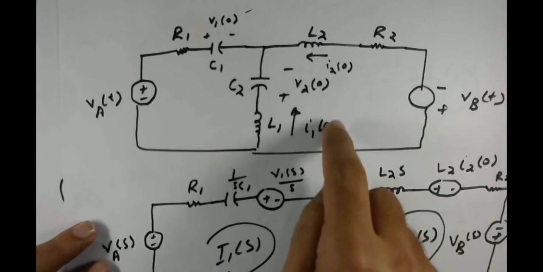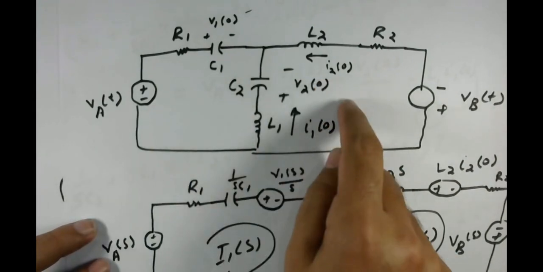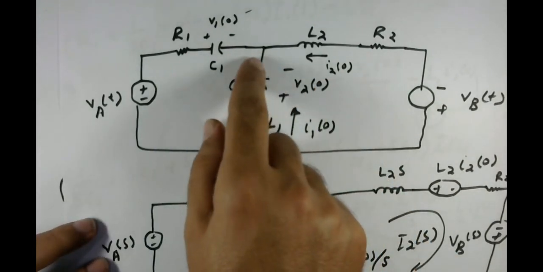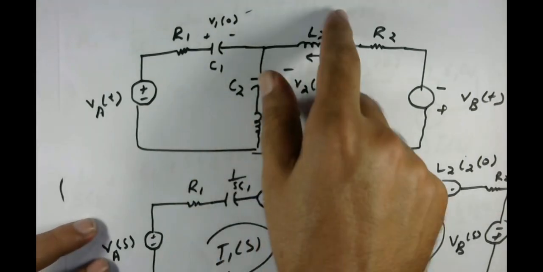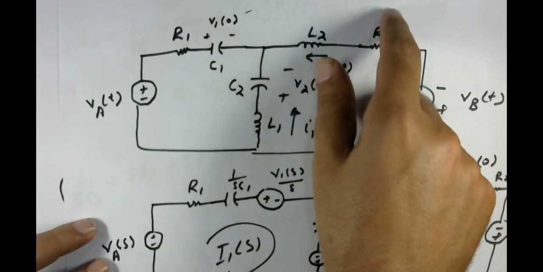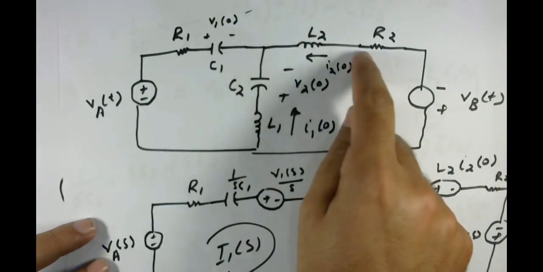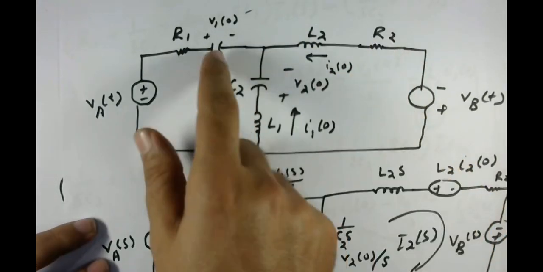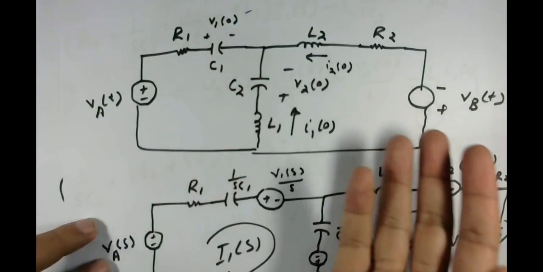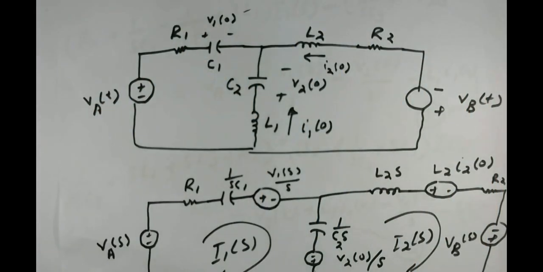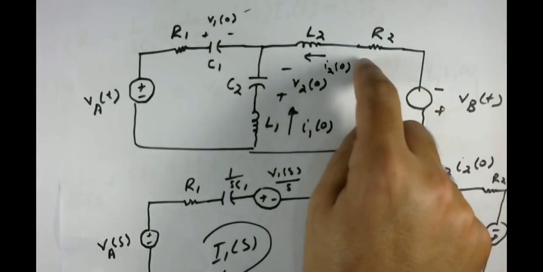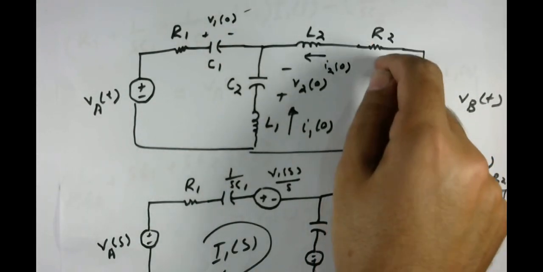Once you have those, you can easily find the voltage across this capacitor, this inductor, and this resistor, the losses across this resistor, and so on. The total energy consumed across this resistor, you can easily find those values. Once you know the current and voltage, you just need to find the current or voltage across this component.